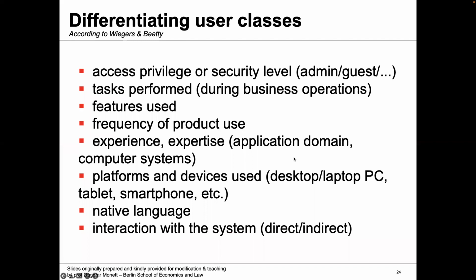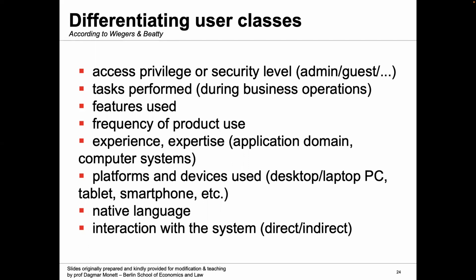So differentiating user classes will be, for example, here, and again this is from your book, they have differentiated according to different criteria. Some user classes will have access as an admin, while others would be just like a normal guest login.